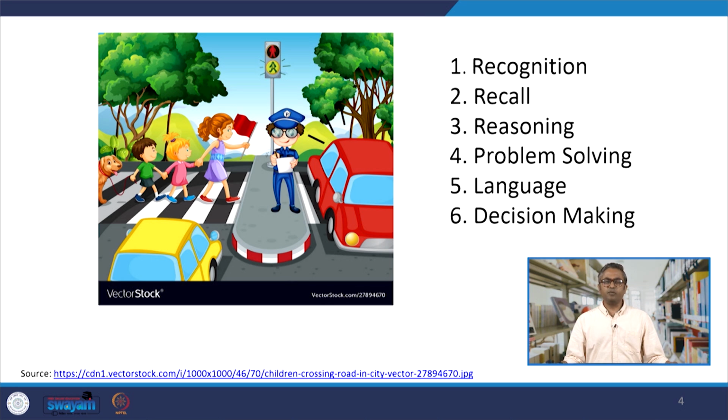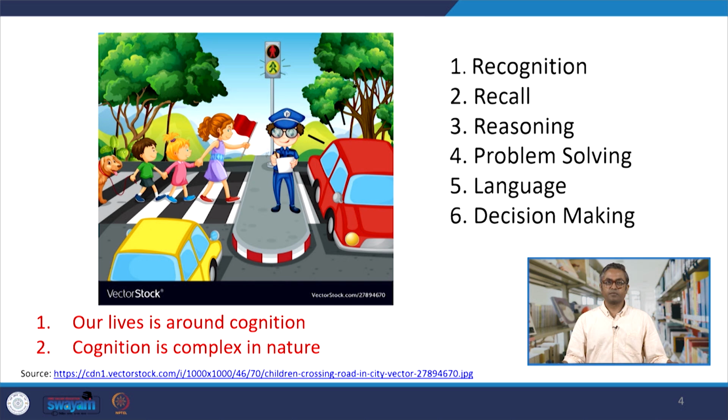Such information we have observed, and we have seen that in recent years people have started to use cognition at each and every level, and they even try to practice every day to make it better and better. With such understanding, we understand one thing, that our lives are around cognition.